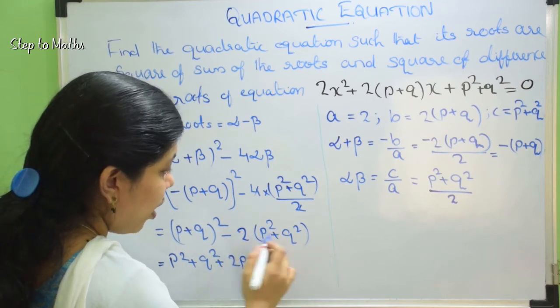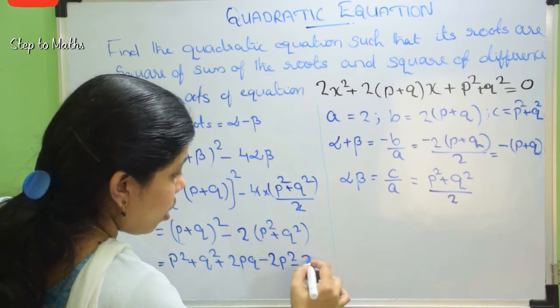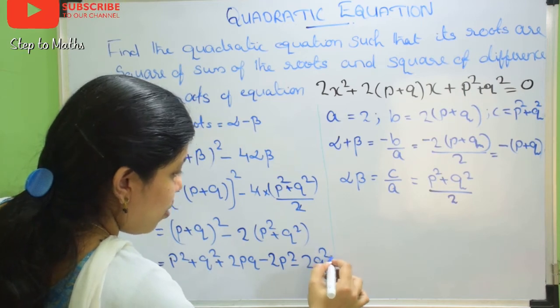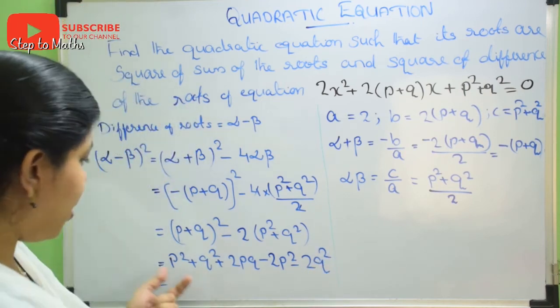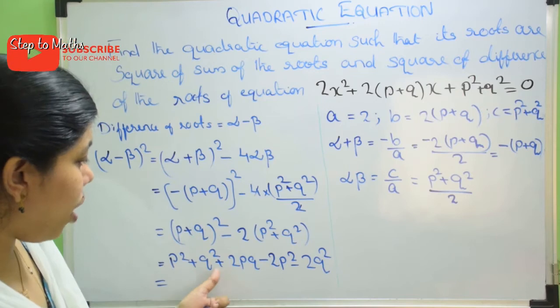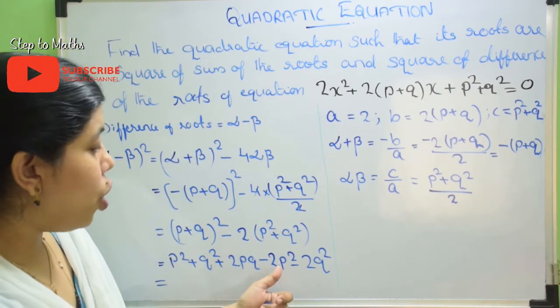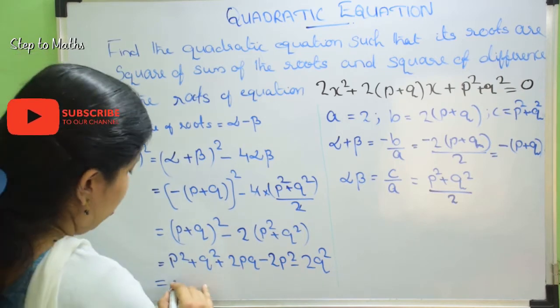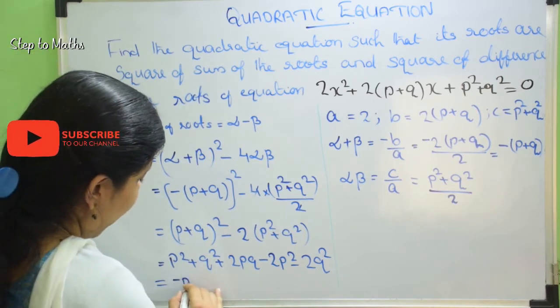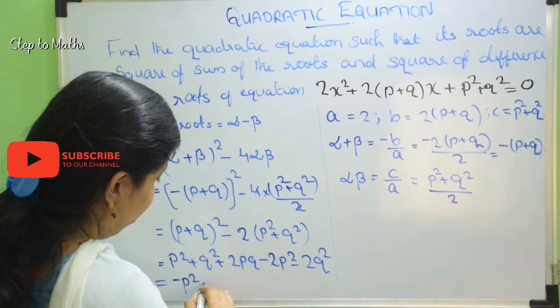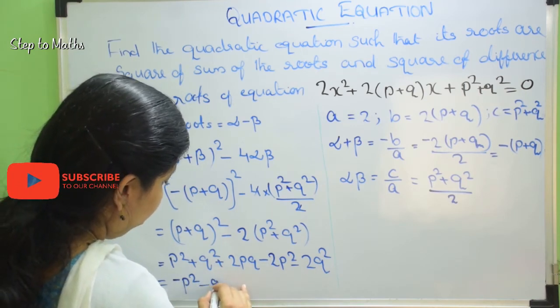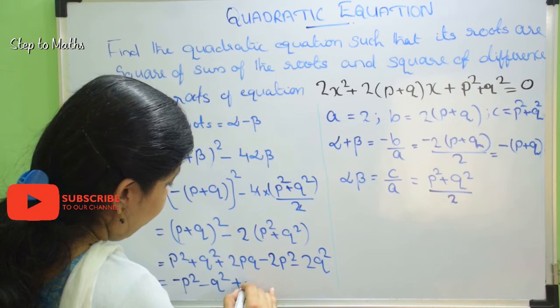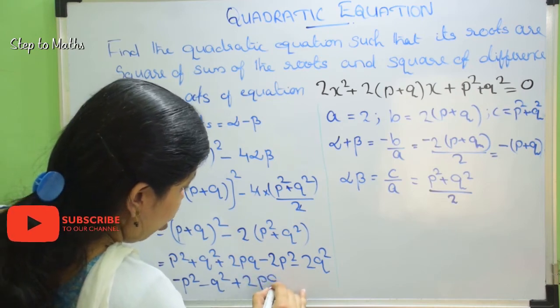If we multiply, it becomes 2p square plus 2q square. So this is equal to p square plus q square plus 2pq minus 2p square minus 2q square. This is equal to minus p square minus q square plus 2pq.